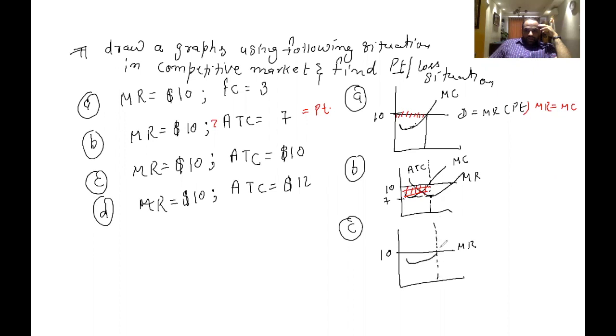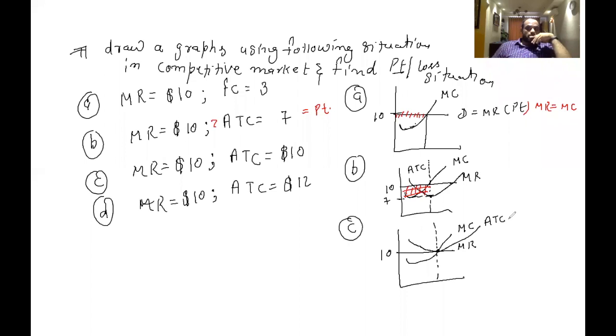That's your MC, marginal cost, right? And ATC is also 10. ATC also 10 is here. That's your ATC point.